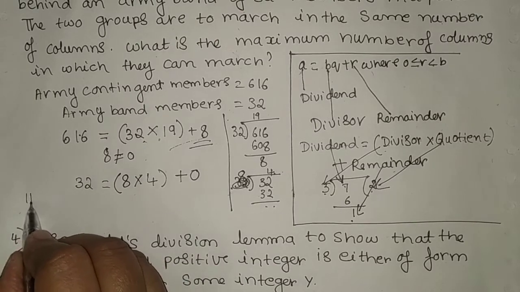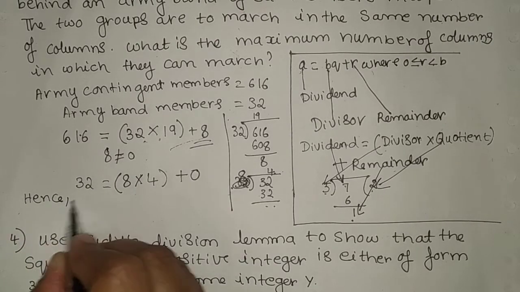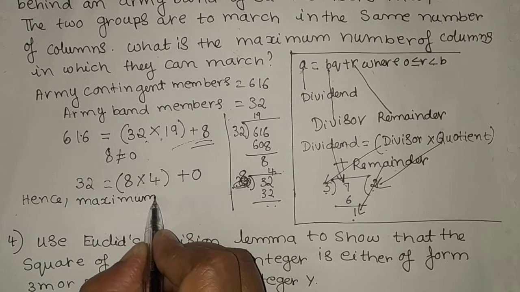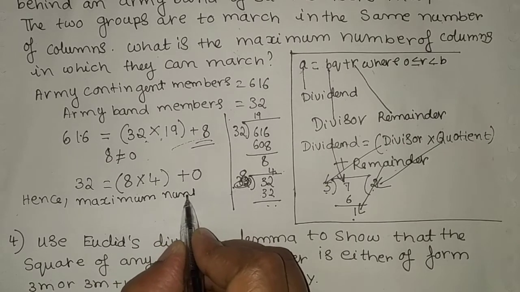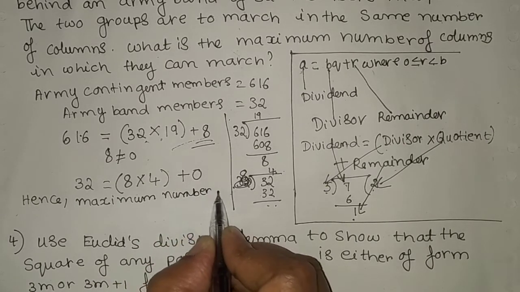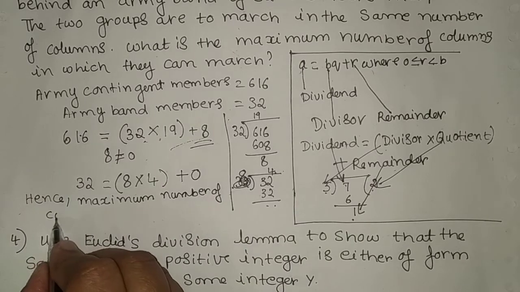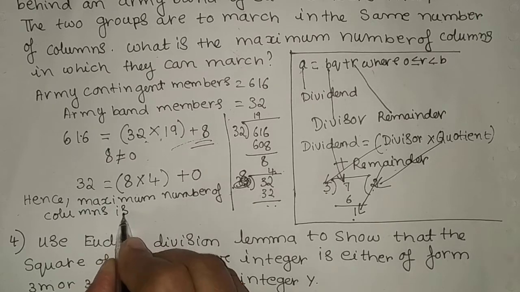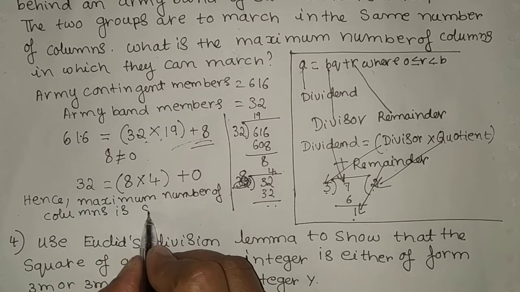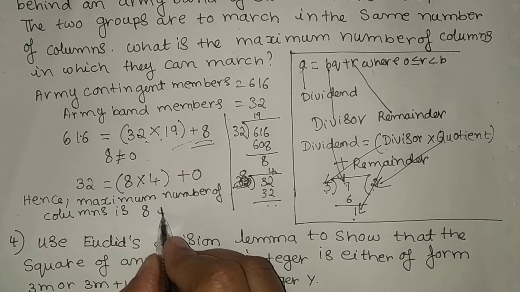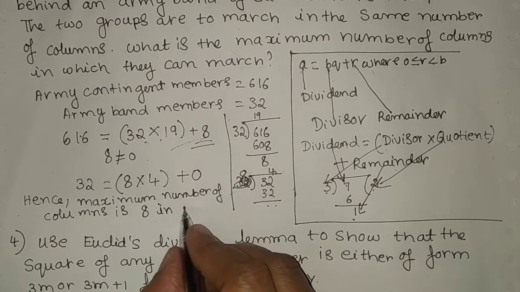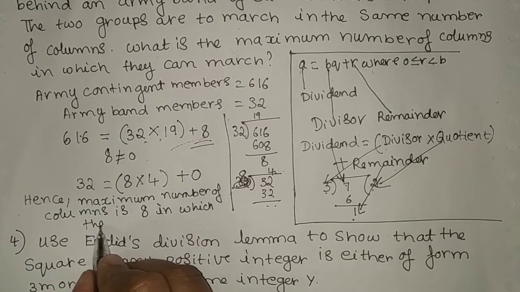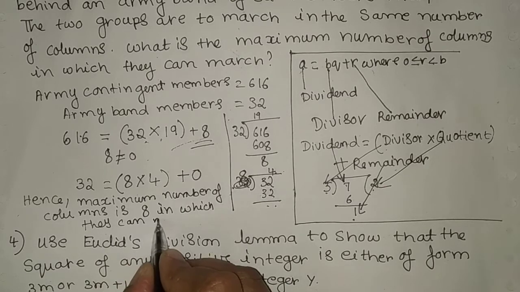So hence, finally we have to write: hence the maximum number of columns in which the two groups can march is 8.